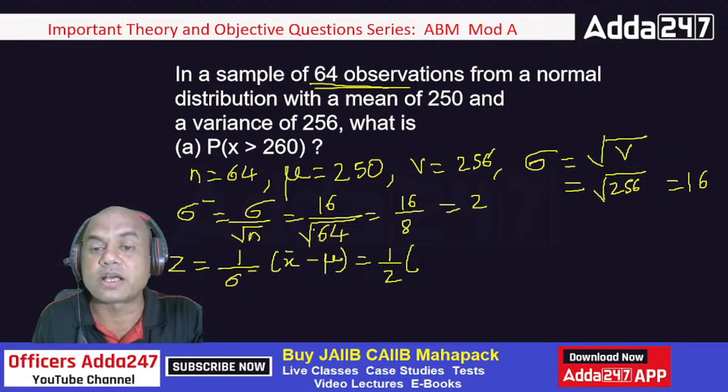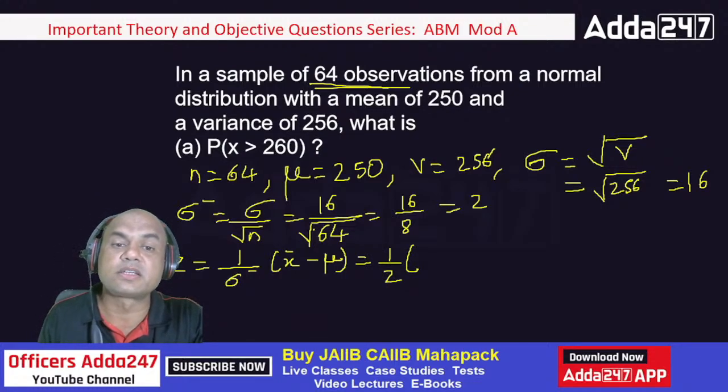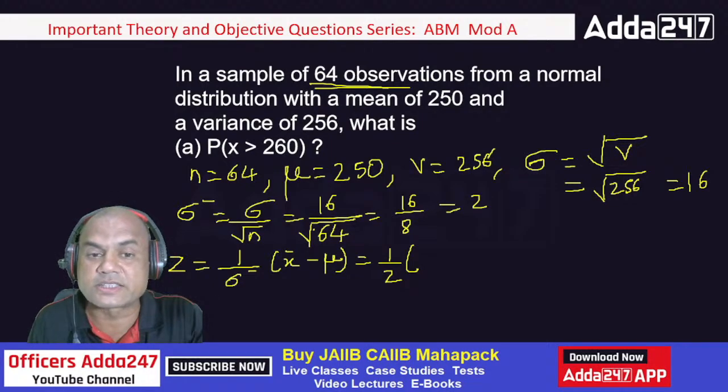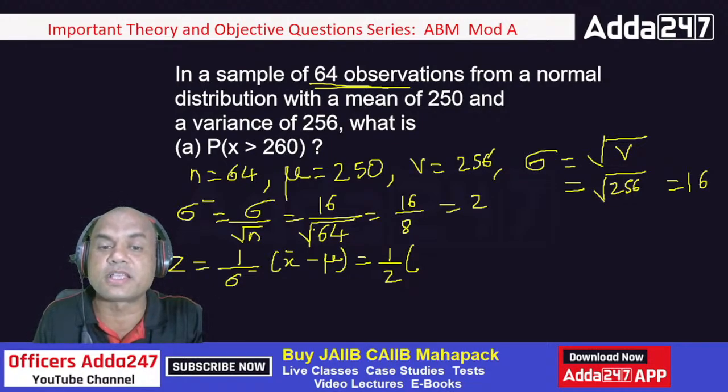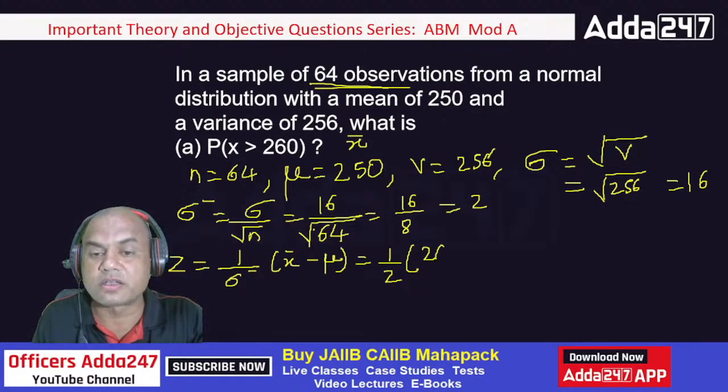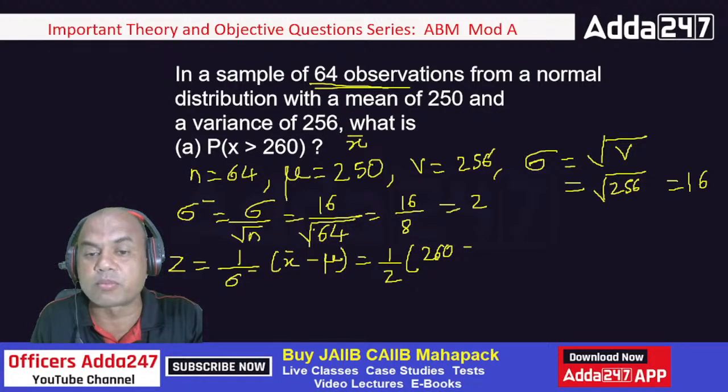X bar is what is asked: x is greater than 260, so this becomes x bar, 260. Mu, as I told you, is 250, the population mean. So 260 minus 250 is 10, and 10 upon 2 is 5. So you get this z value as 5.